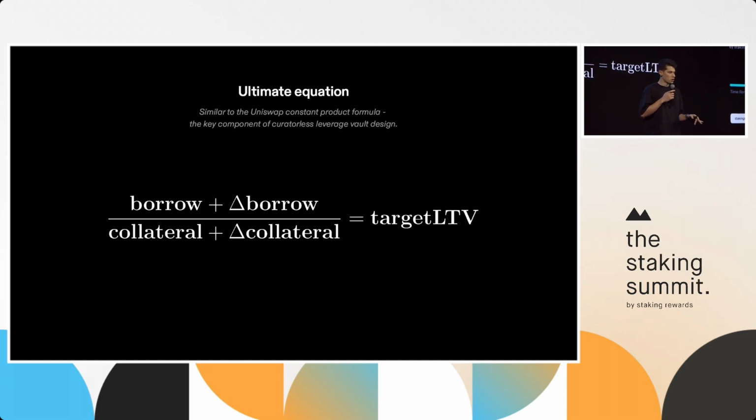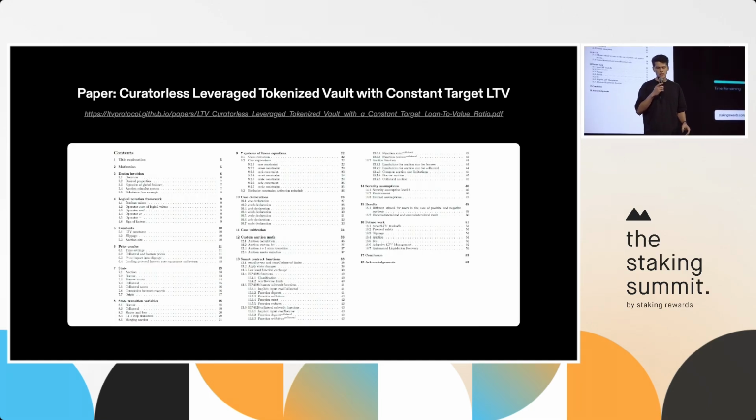At the core of our model is this ultimate equation, similar to the Uniswap constant product formula. It means that with every change of the borrow asset or the collateral asset, the vault will need to rebalance itself to keep the target LTV. So we formalized the whole math into one formal model.